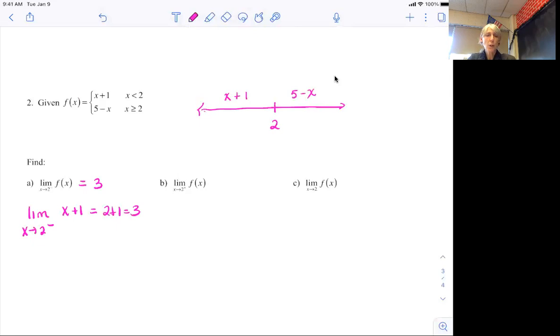The limit as x approaches 2 from the right equals 3. My answers are the same. So if you were graphing this function, the graph would be the same from either direction. So my overall limit is 3.